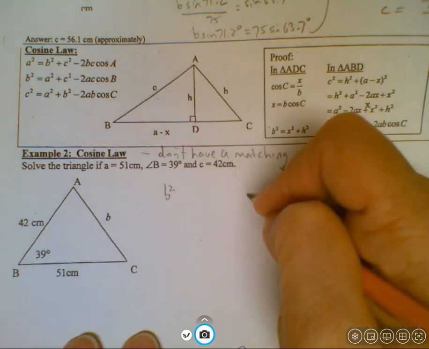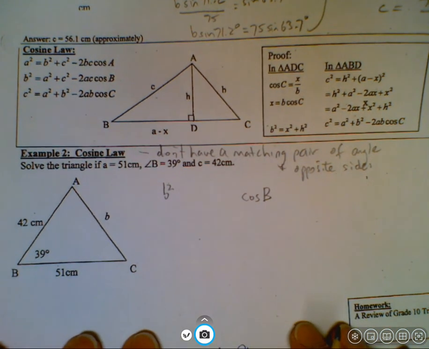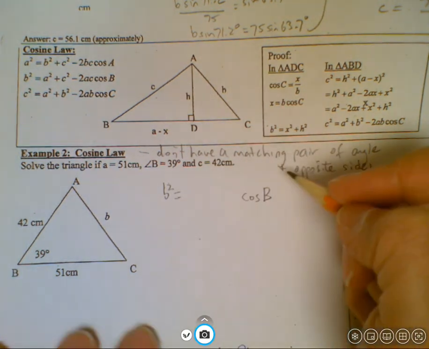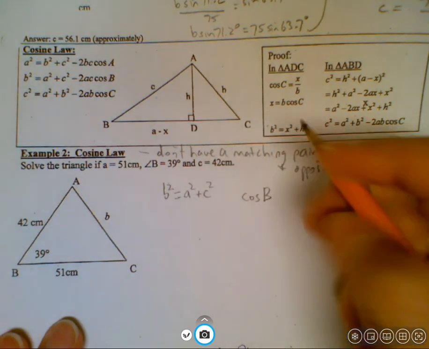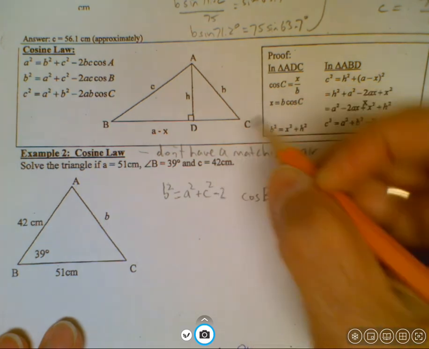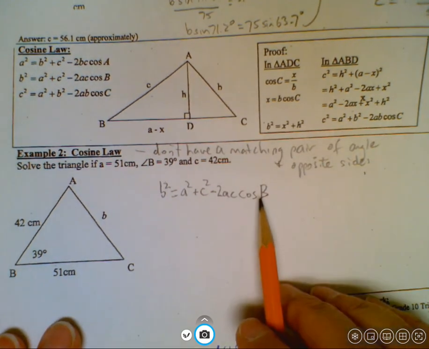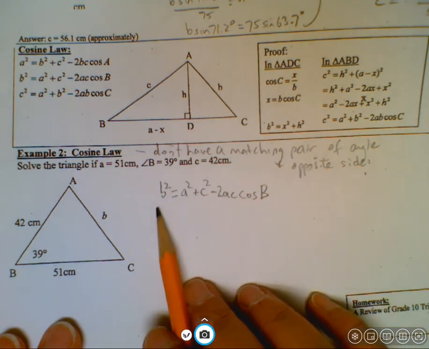And I know that at the end, I'm going to end up with cosine big B. So without looking at the formula so much, I can say, well, it looks like the Pythagorean theorem, so it's something like this. But then here's the part we have to remember. Minus 2, this one times this one, cos B. Okay, so the important thing is you start and end with the same letter.